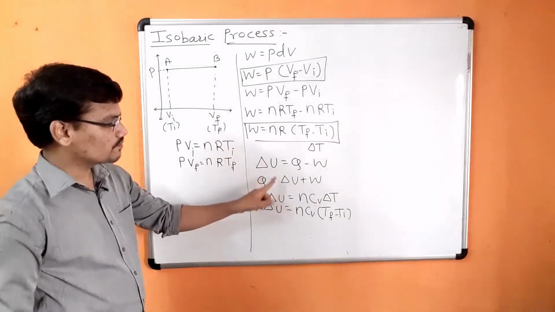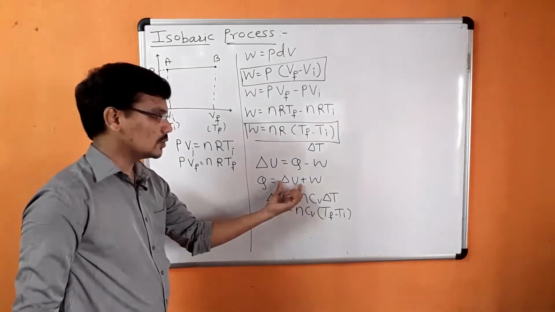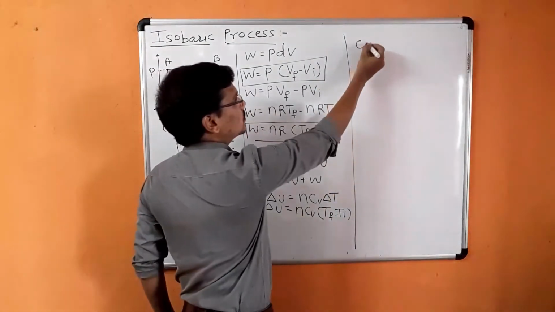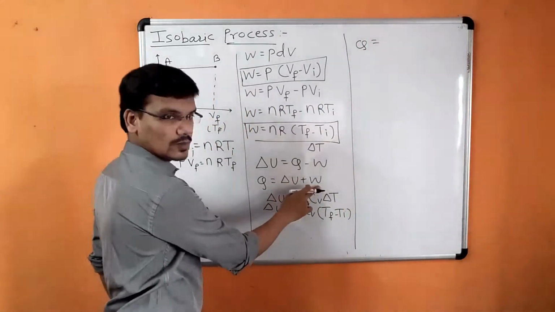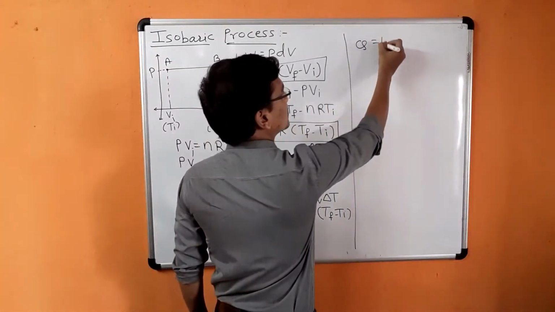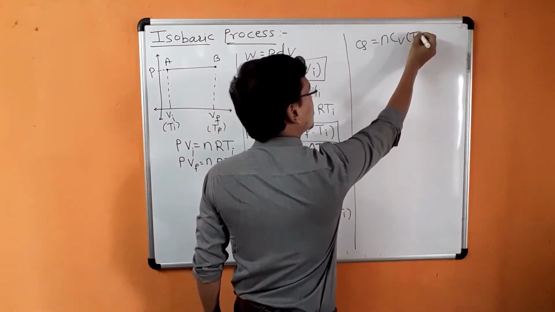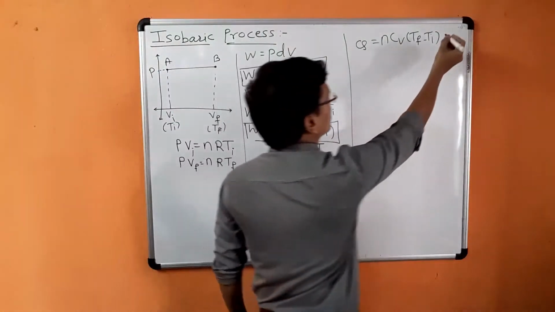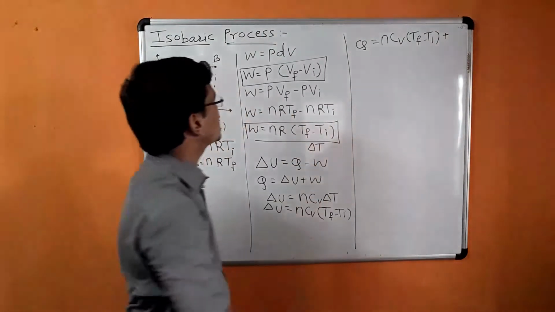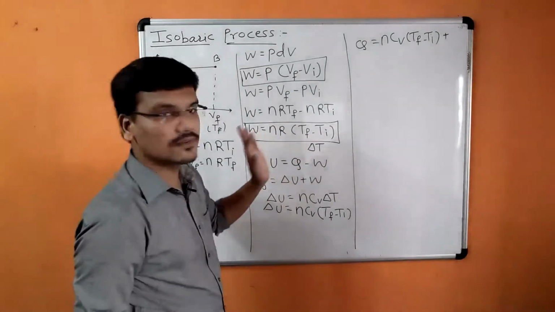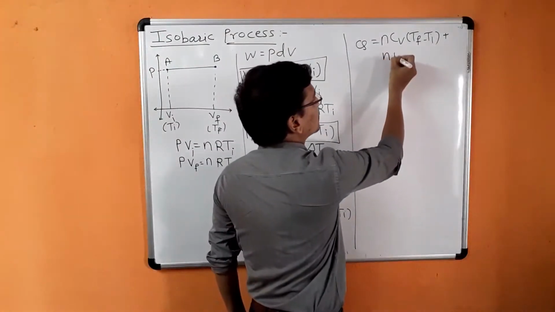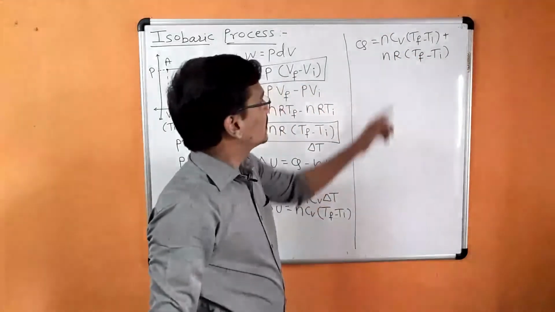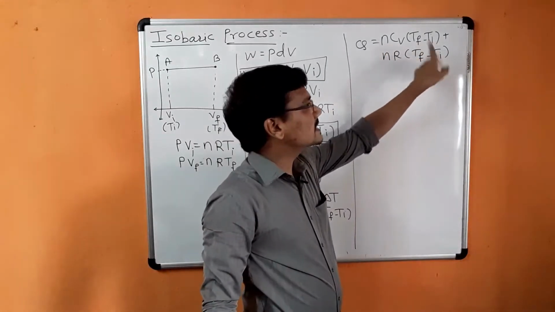Now we have to find Q. Put the value of delta U and W in this equation. Therefore, Q equals delta U plus W, which is n Cv (Tf minus Ti) plus nR(Tf minus Ti). n is common and Tf minus Ti is common.